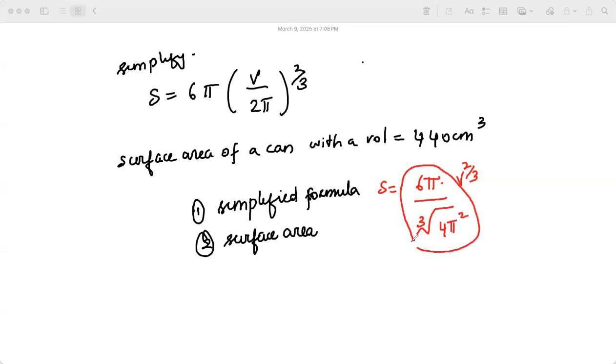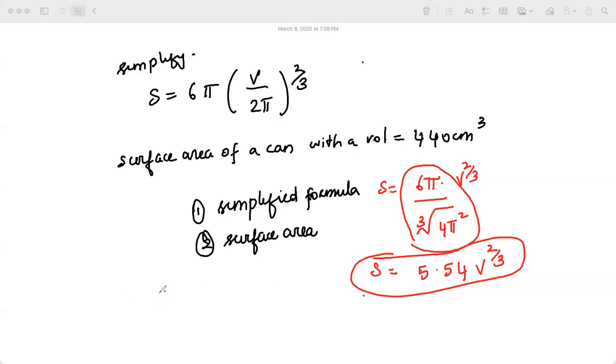This can be put into the calculator and simplified, right? Yeah, that's right, Krish. So here this would be 5.54 V to the power of 2/3. That's the simplified formula. Coming to the surface area, I can use the simplified formula. So easy, right? 5.54 times 440 to the power of 2/3. When you put it in the calculator, it will be approximately equal to 320 square units.